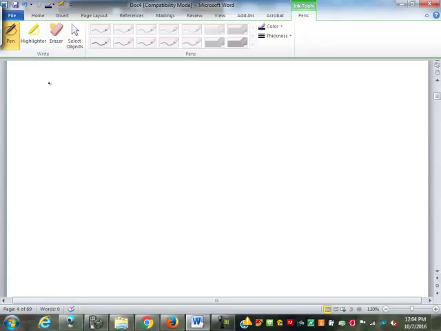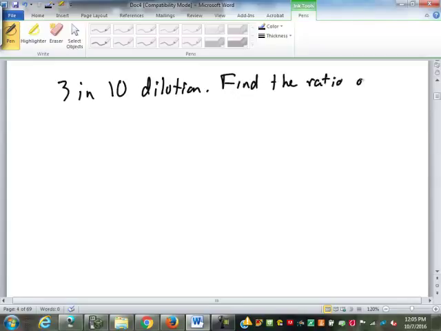If, let's see, we have a 3 in 10 dilution, find the ratio of saline to total solution. So again, I'm going to write down my dilution, 3 in 10 dilution.